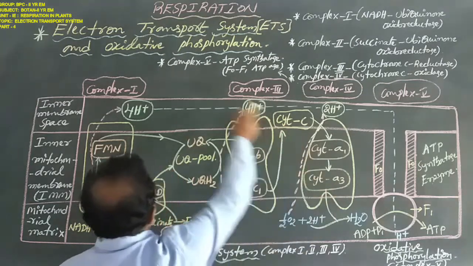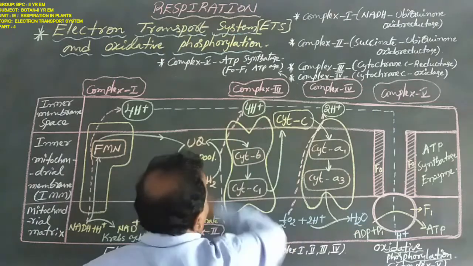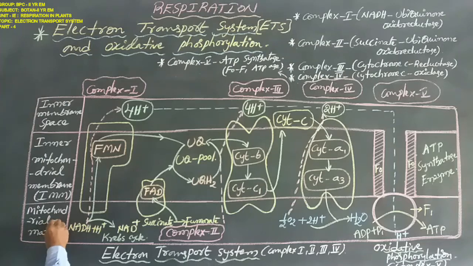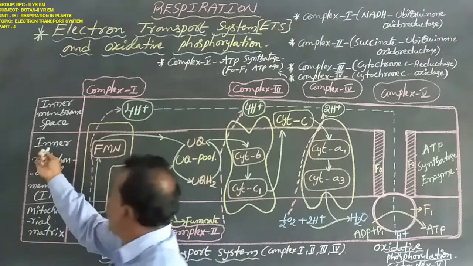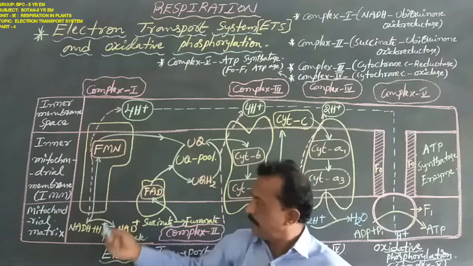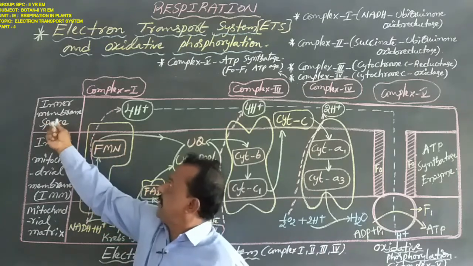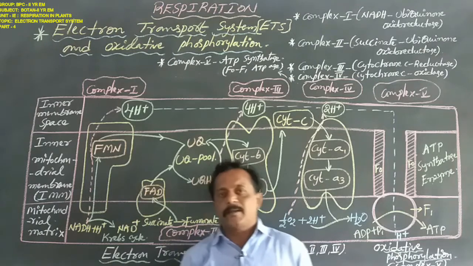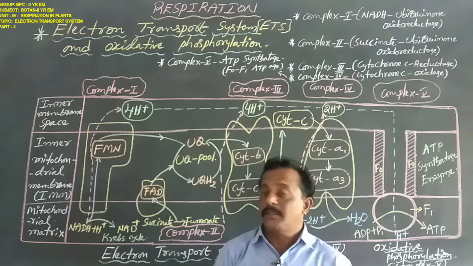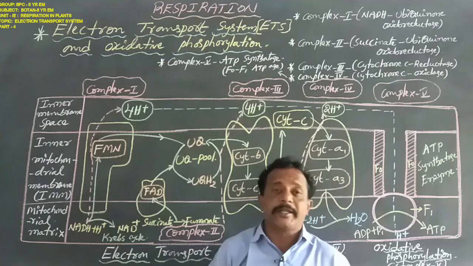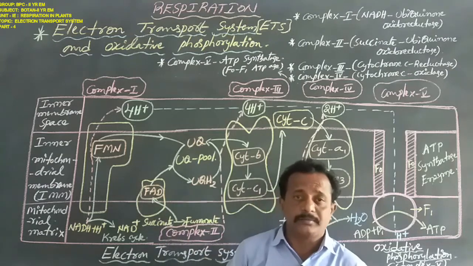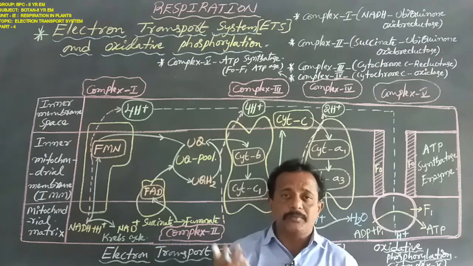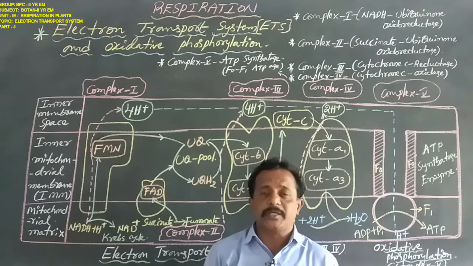Dear students, this is a mitochondria. This is the mitochondrial matrix, this is the inner mitochondrial membrane, and this is the inner membrane space. Photosynthesis takes place in chloroplast, but respiration takes place in mitochondria. Already we observed the steps of aerobic respiration.